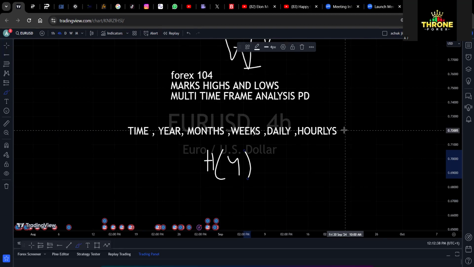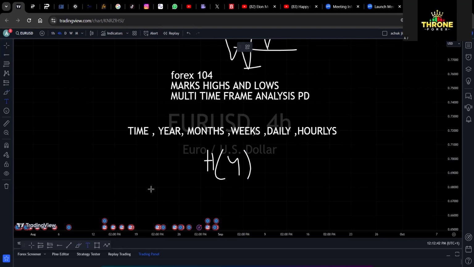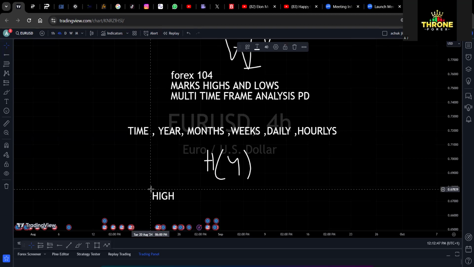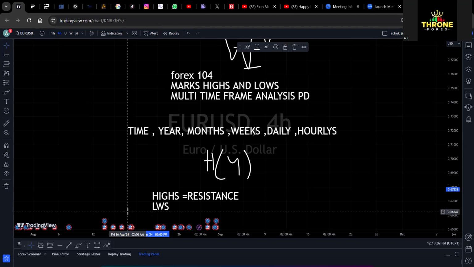And also from these lows, so in simple terms, the highs give us our possible resistance areas, and then the lows also give us another information. The lows give us our possible support areas.